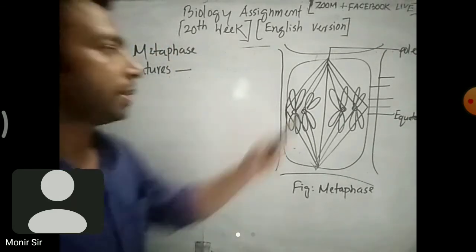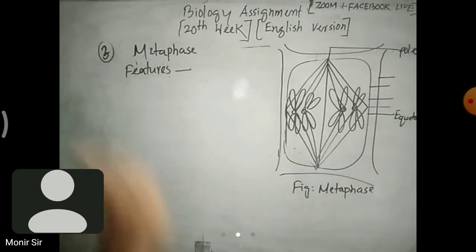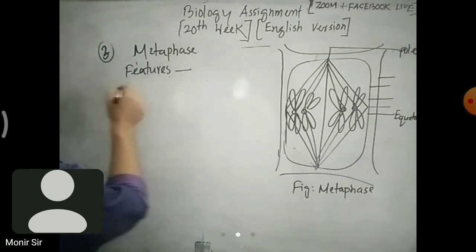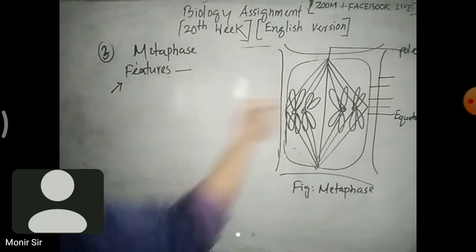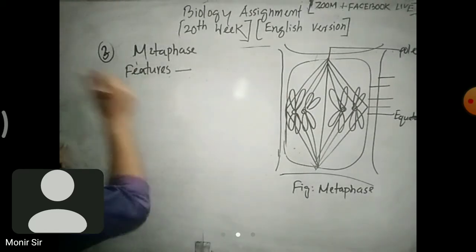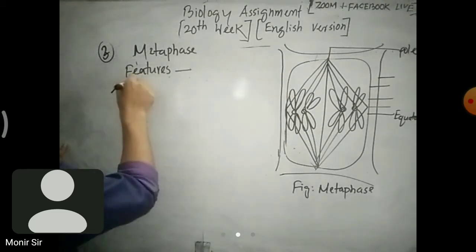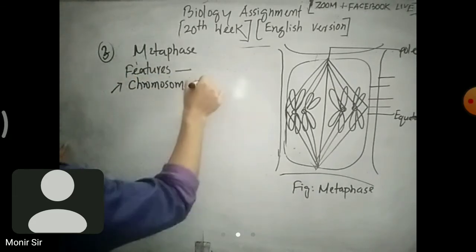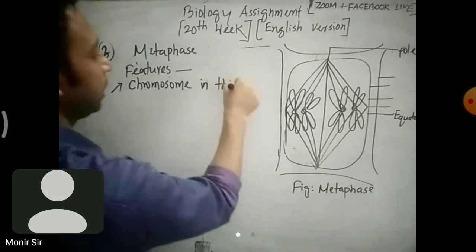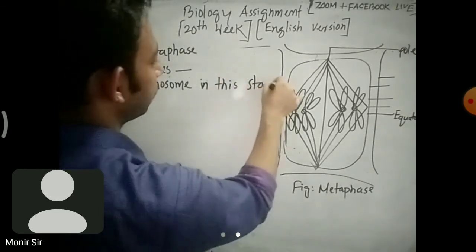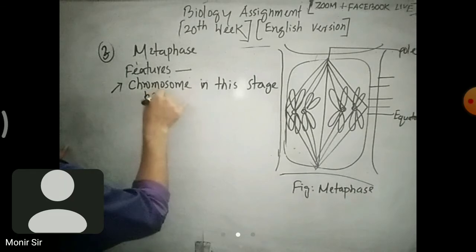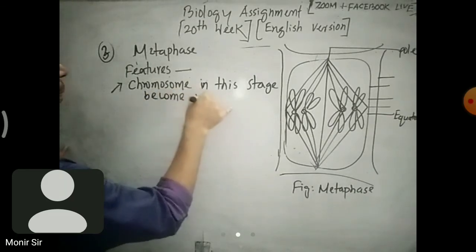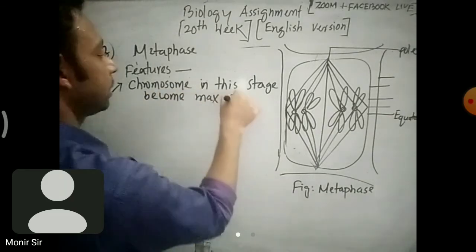Metaphase. So we have seen the formed spindle apparatus, and specifically the features. First one, chromosome in this stage become maximum short and thick.